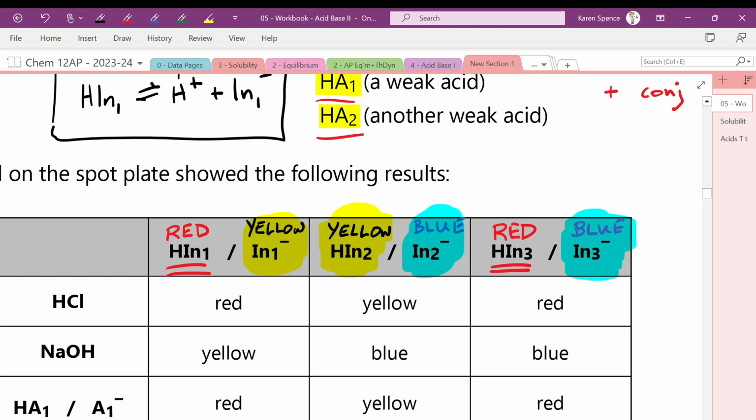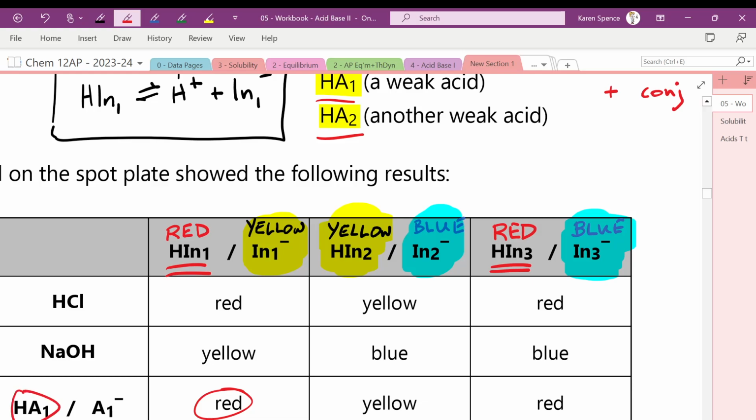That's a strong half. Now, when you add HA1 slash A1 minus to the indicator, HIN1, to the first indicator, so we're looking at our result here, is HA1 a stronger acid or a weaker acid than HIN1?